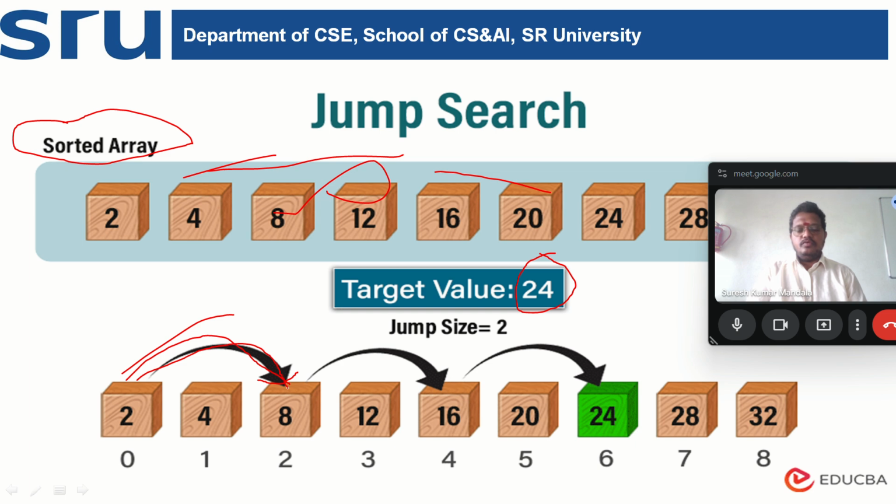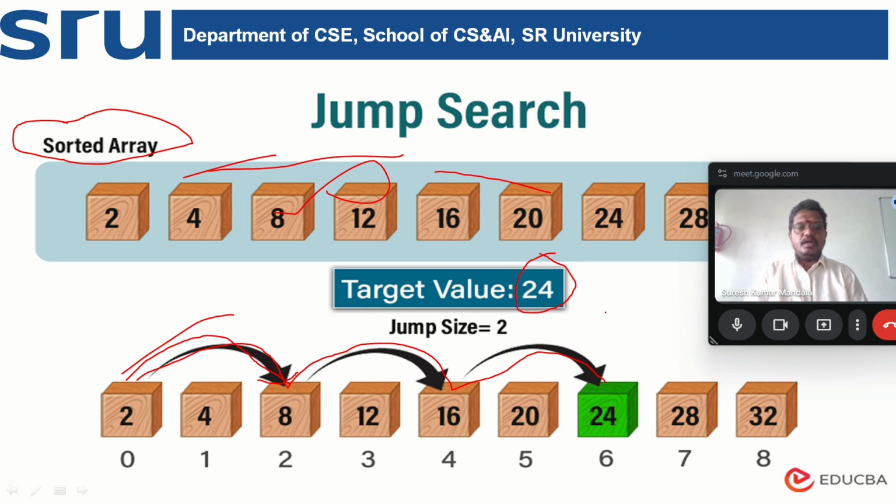Is 8 equal to 24? No, so again it jumps, skipping one element to the next. Again it compares: is 16 equal to 24? No, so again it jumps, skipping one element. Then 24 equals 24. That condition is true.